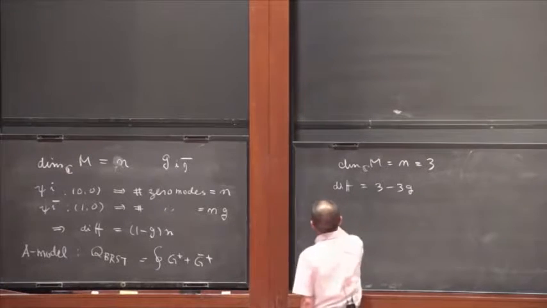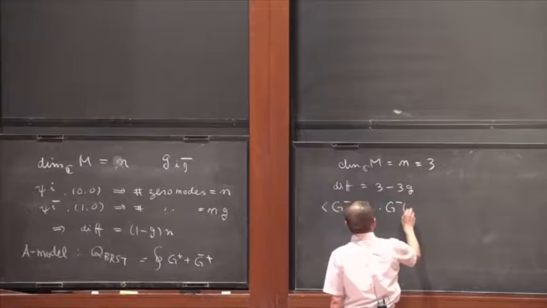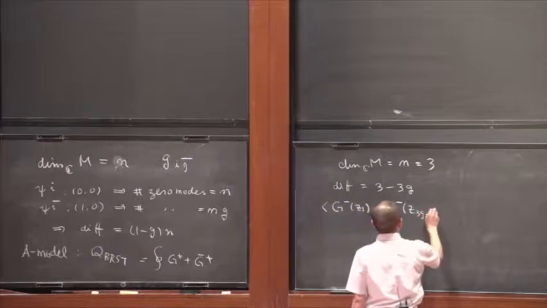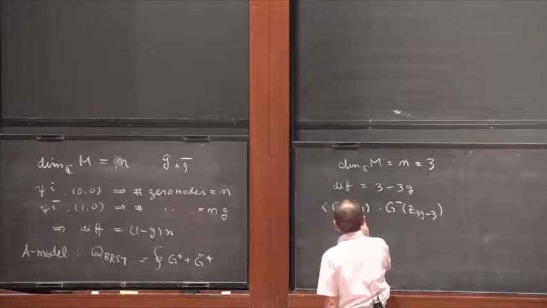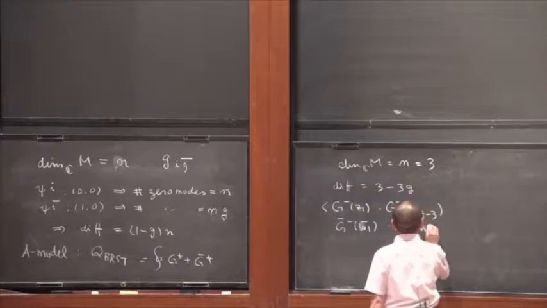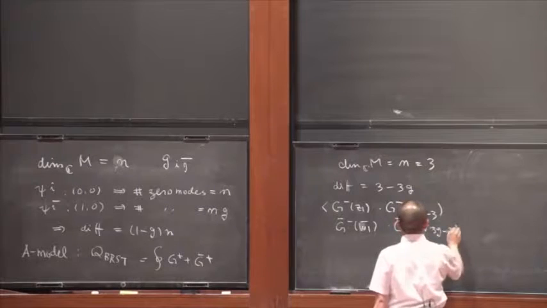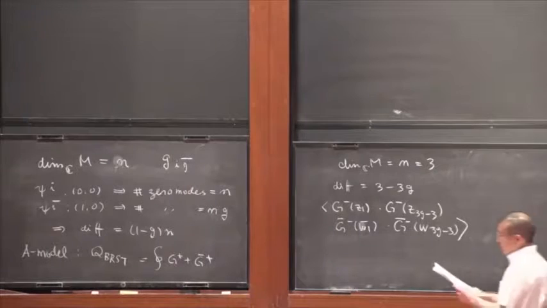Because of this, you can insert 3G minus 3 of these supercharges for the left mover and the same amount for the right mover. And this turns out to be non-zero because this exactly soaks up the zero modes.